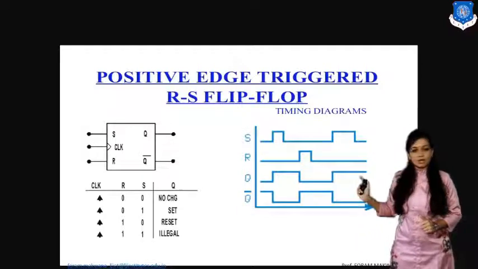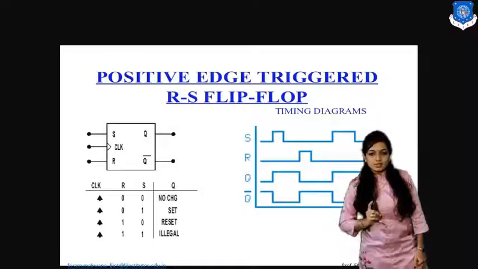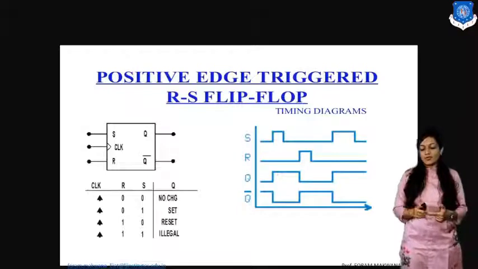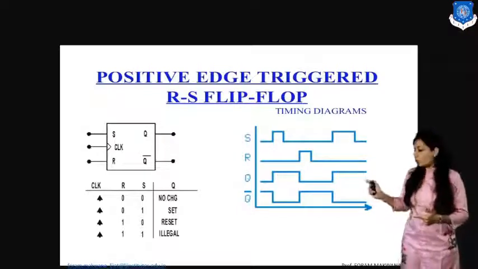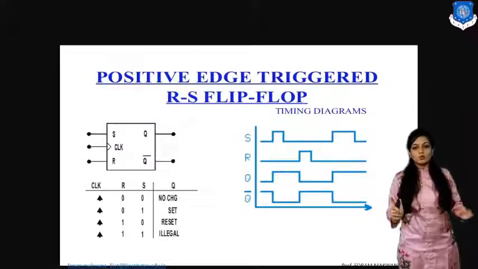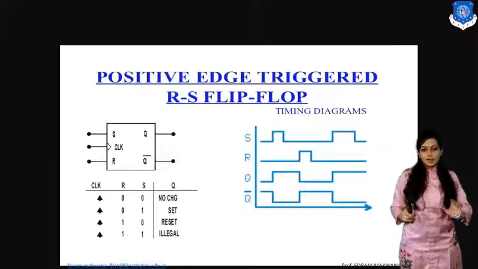Q and Q bar are the outputs. So whenever the rising edge of the clock is there, my output is going to change. Otherwise there is no change in the output. It will hold its previous state, whatever may be the state of S and R.